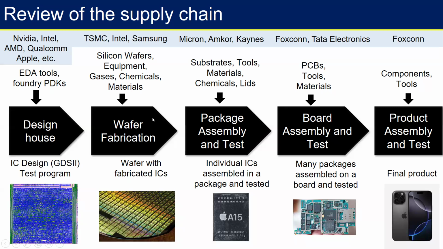Then we need a lot of materials again in packaging, and these could be very different from what was used to make a chip or in wafer fabrication. Similarly, when we go to board assembly, where you are putting these packages on a motherboard, you may need very different materials again. But what is very common across the whole pipeline or supply chain is that you do need materials to make these systems. So that is the common thing.